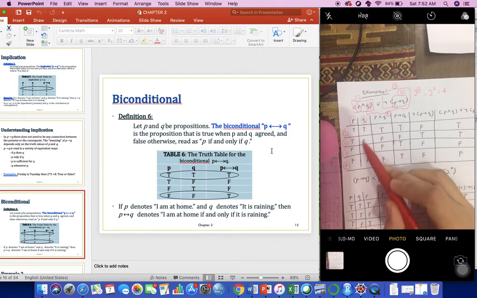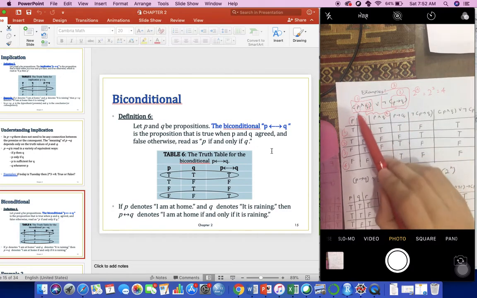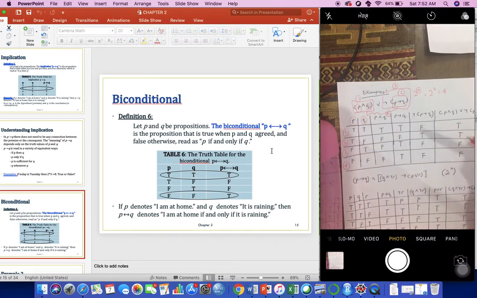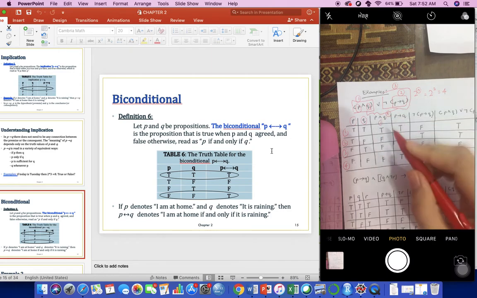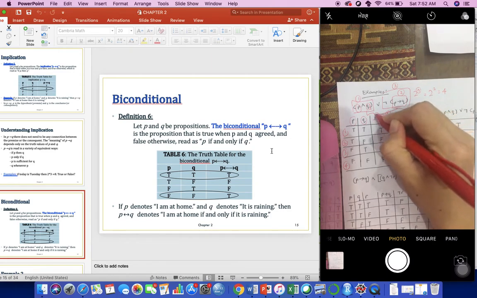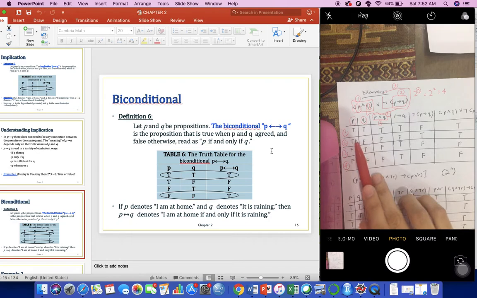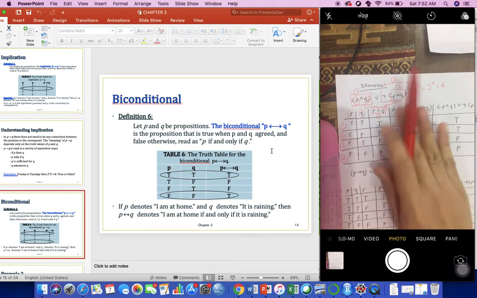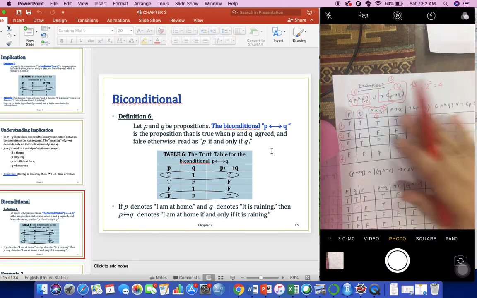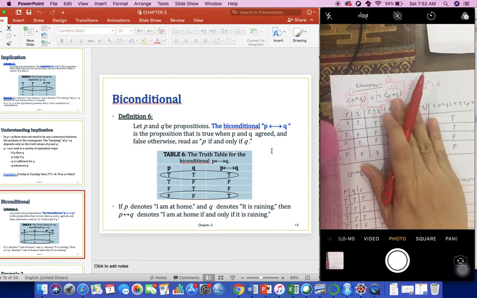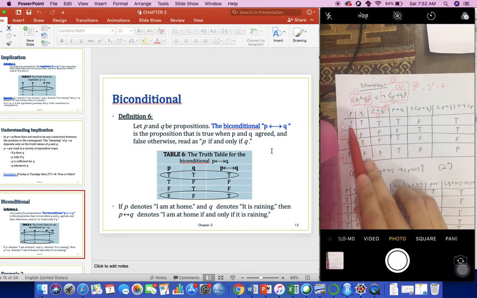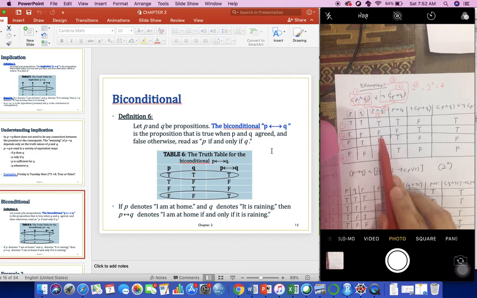Q is true, false, true, false. So the first one is P and Q. Do this one first, don't look at here. True, true, true. True, false, we will get false. False, true, false. False, false, false.